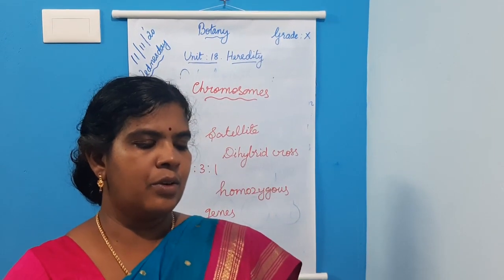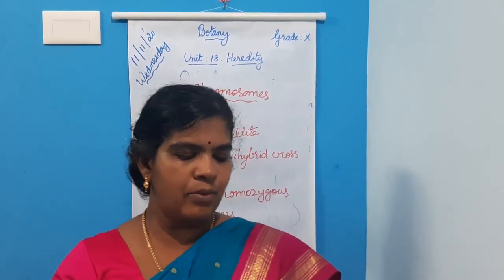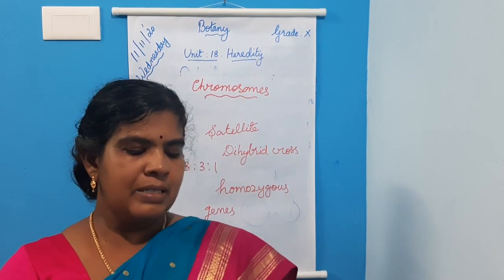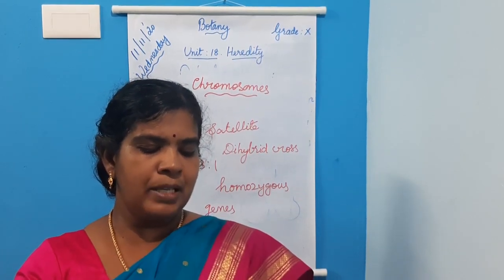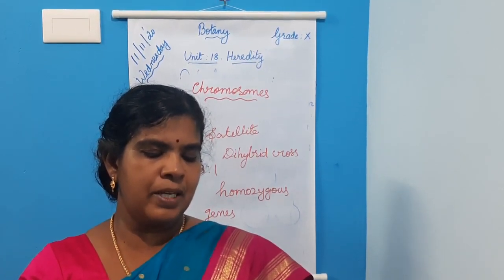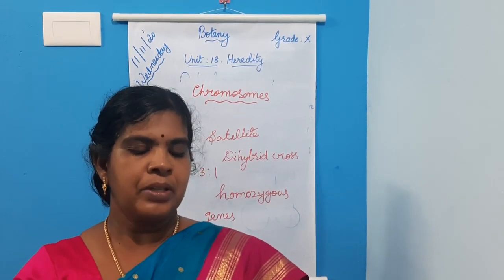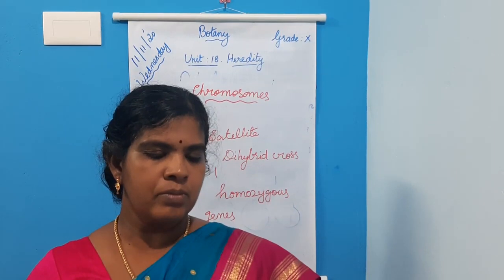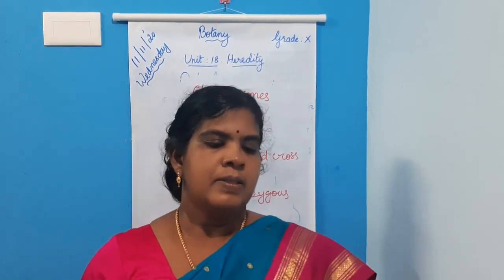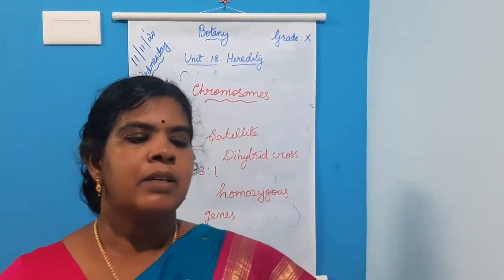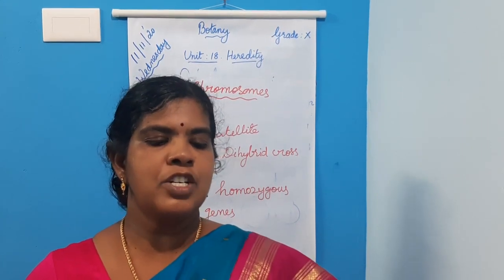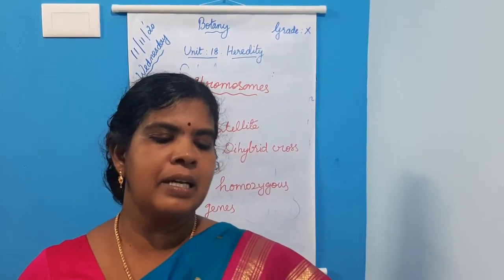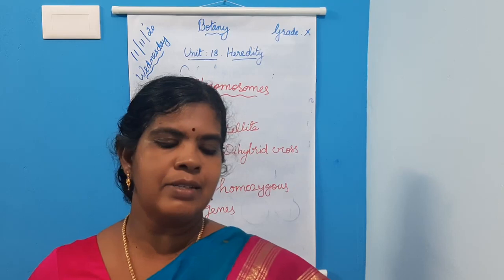Next question, Roman number 6, short answer, sixth one. A pure tall plant is crossed with a pure dwarf plant. What would be the F1 and F2 generations? Explain. The answer is on page 262. Under the heading monohybrid, Mendel's explanation of monohybrid cross, from the parental generation you have to mark up to 3:1.